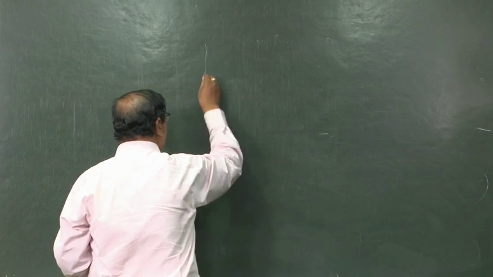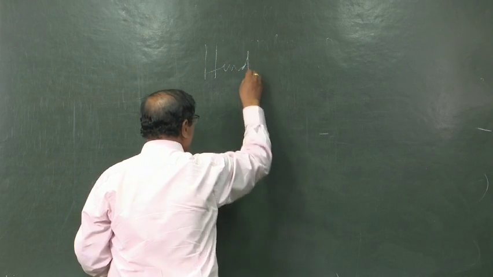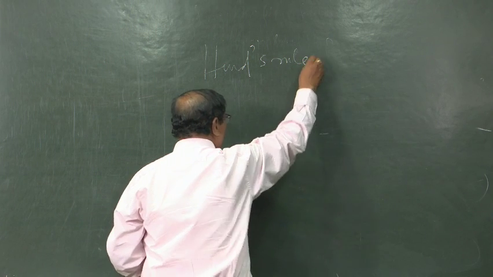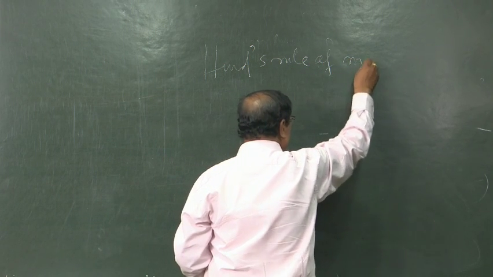Next is Hund's rule of maximum multiplicity.